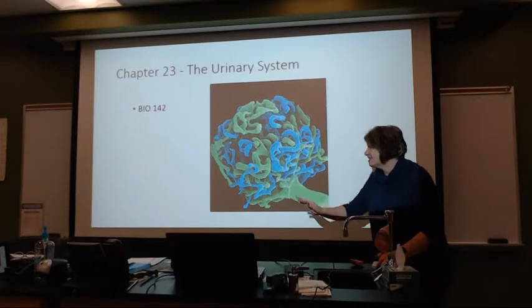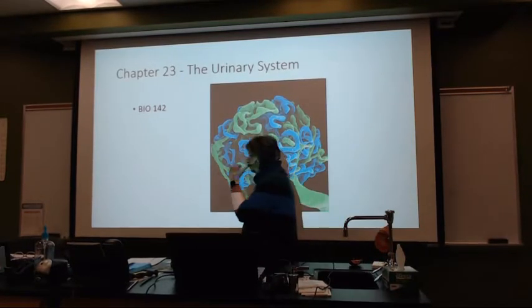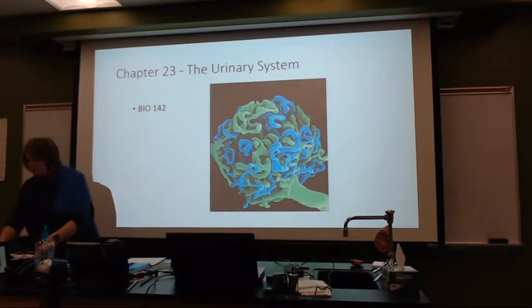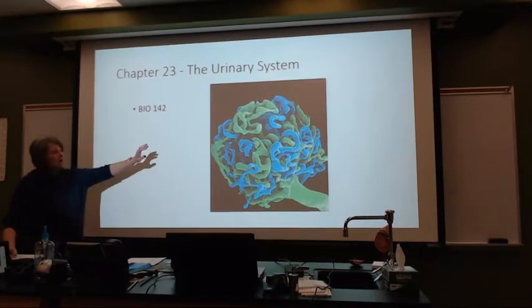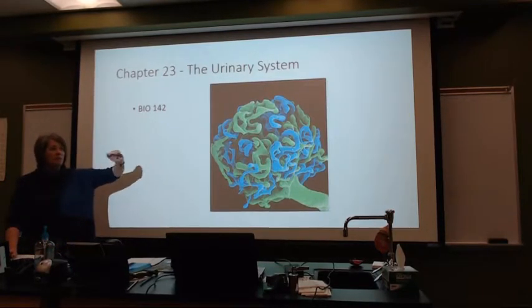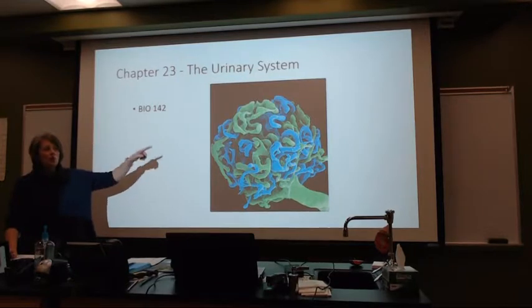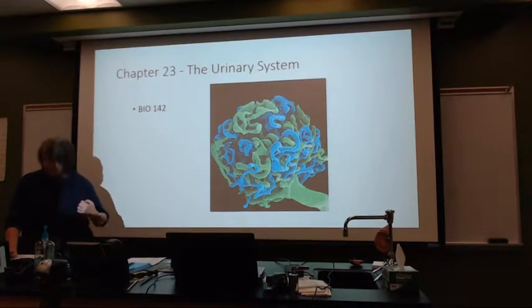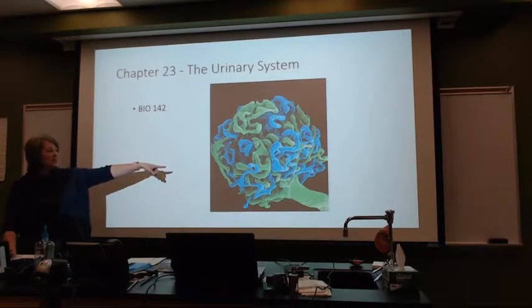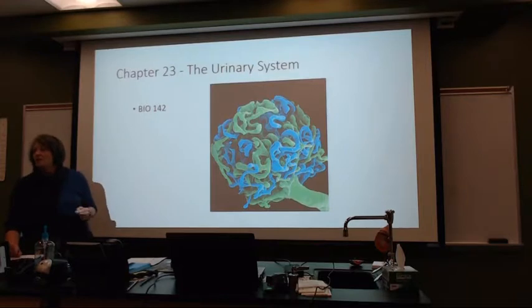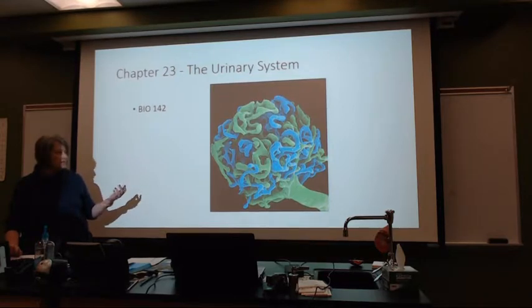When we look at this system, this picture right here is showing a view of what's going to be the working unit of this system. This is going to be a glomerulus. You're going to hear that term again because it's going to be present in other systems.